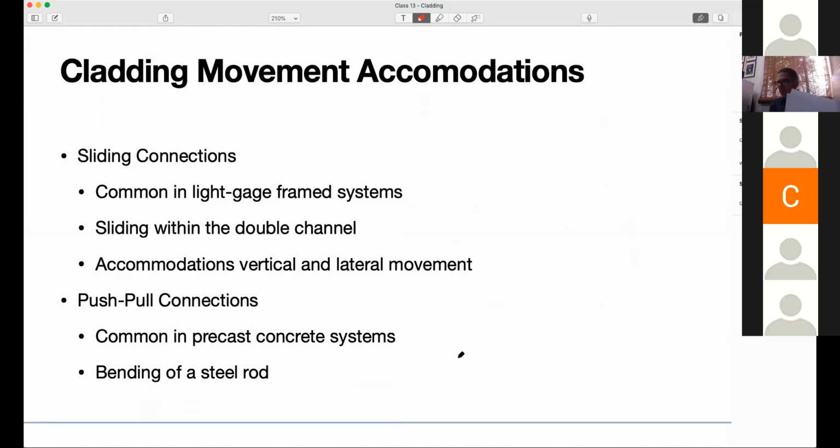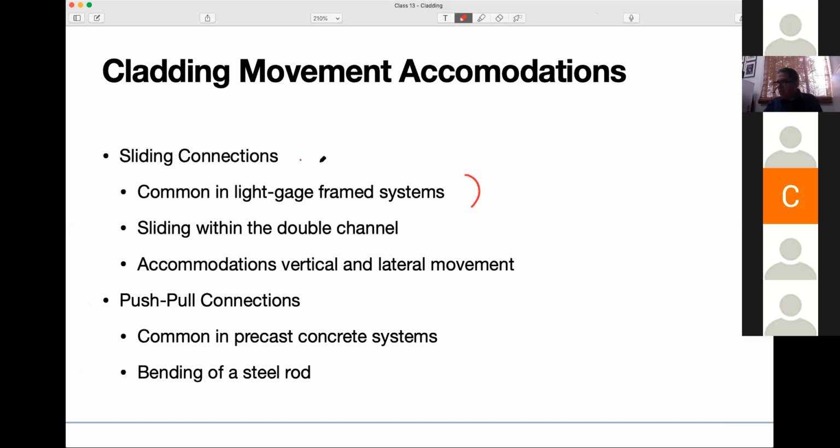So cladding movement and the accommodations. We're going to have different types of connections that we're going to be looking at. So we'll have sliding connections in light gauge frame systems, right, with a double channel, accommodations for vertical and lateral movement.